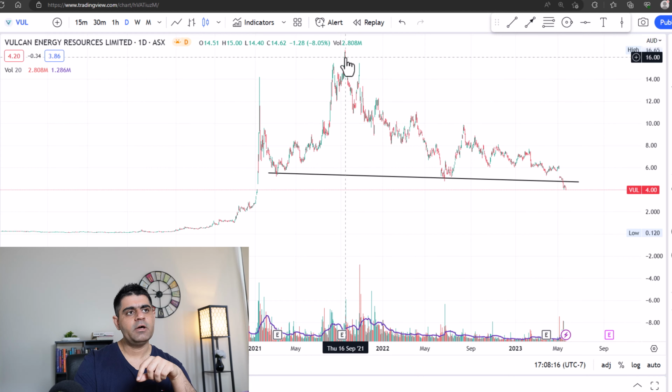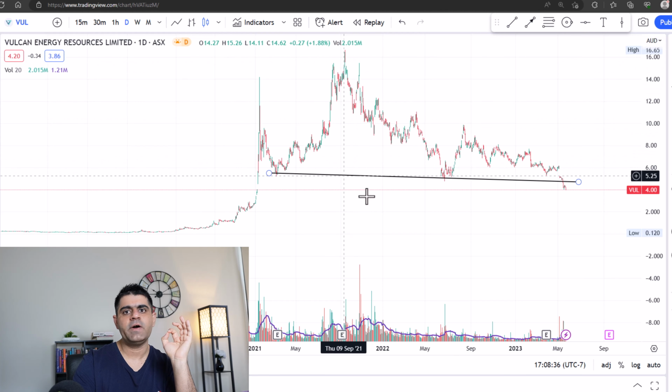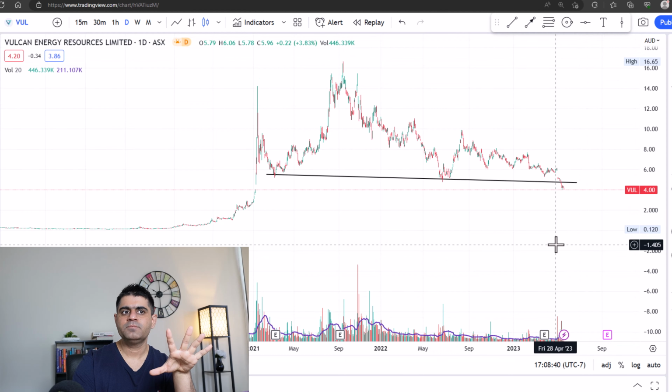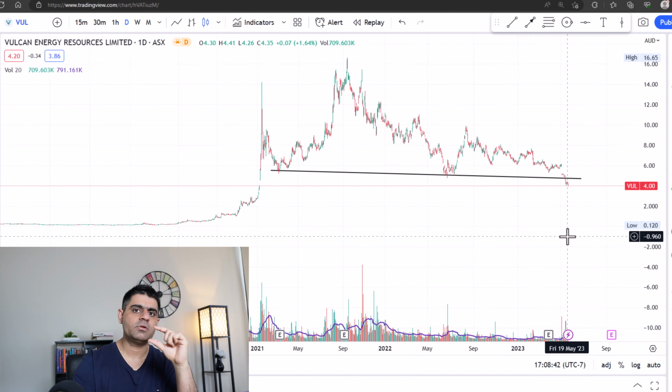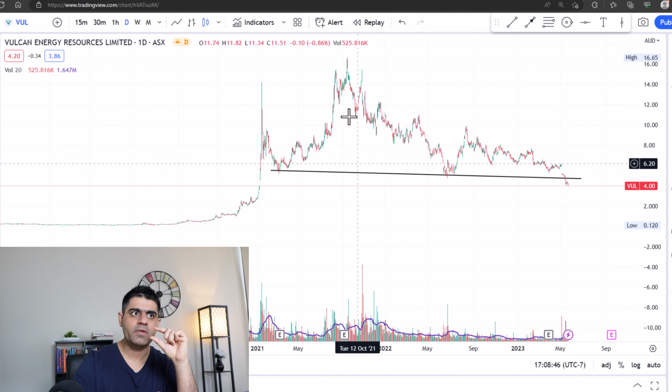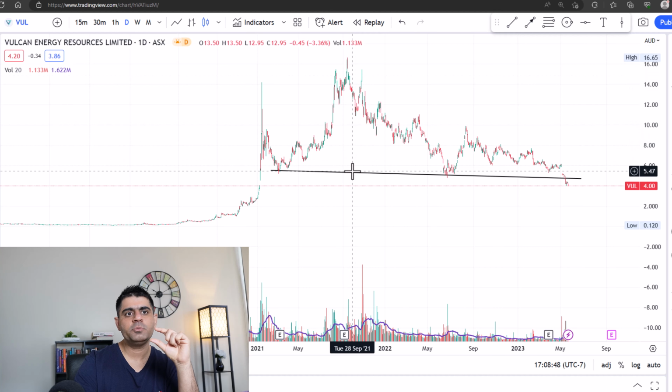this head. Now, this stock made a high of 16 back in 2021, and it went down from 16 levels to 5 levels. So if you're someone who has been calculating your target based on the actual magnitude or the height of the head, then what should be your target?